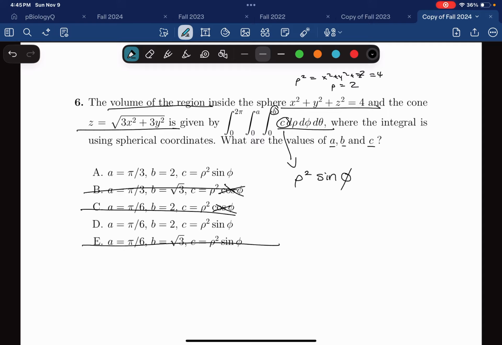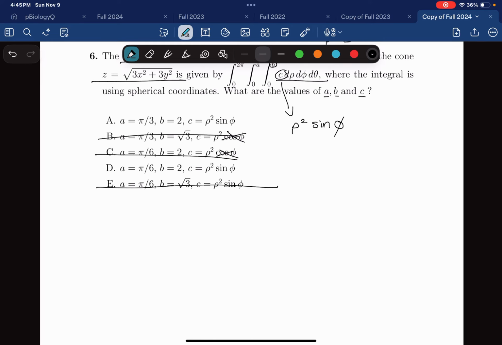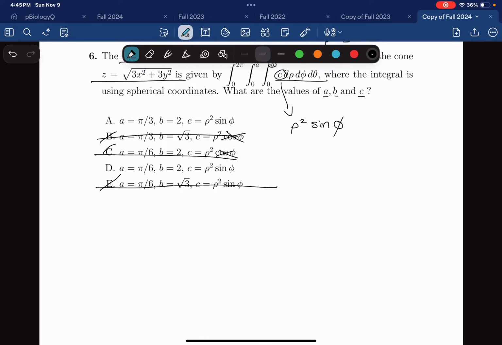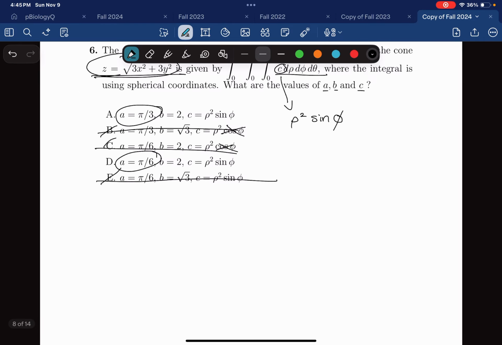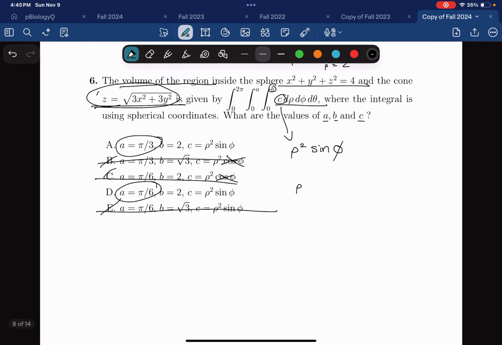So it can't be e. Sorry, just going to take those out. Can't be e. So now we have to find our phi, which is so fun, but it's also basically given to us right here. So same orderly process. We're going to just square both sides. So we know that rho squared cosine squared of phi is equal to 3 rho squared.